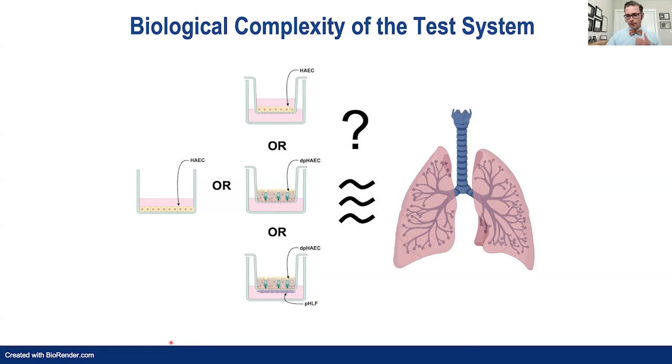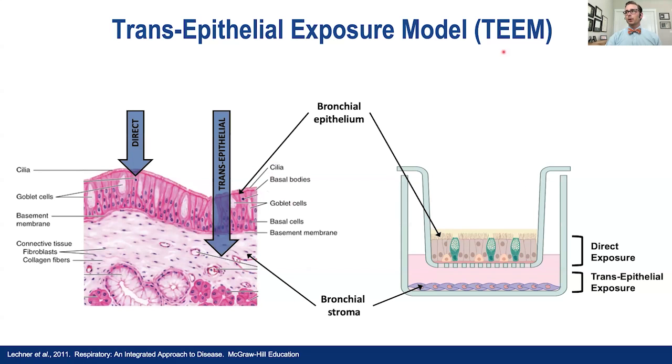But several years ago, my lab asked this question of how complex do we have to be? If we integrate fibroblasts, are we going to see something different? And so we came up with what we call the transepithelial exposure model. Anybody that knows my lab knows we have fun acronyms and kitschy names for things. What we've got here is the bronchial epithelial cells and then underlying lung fibroblasts.